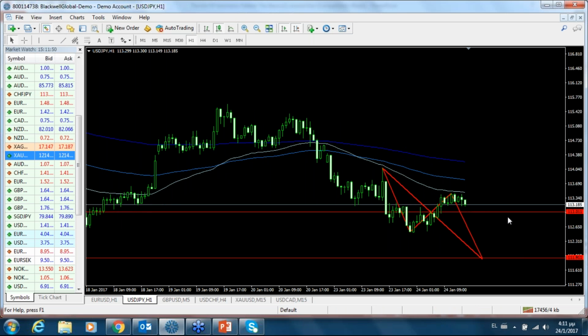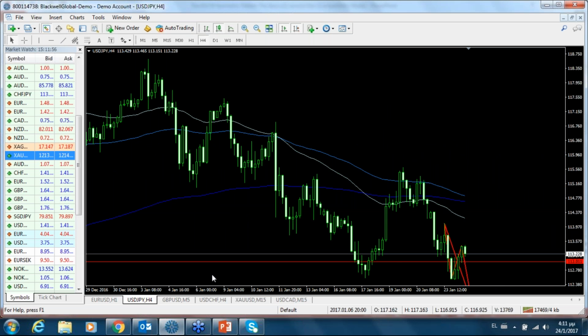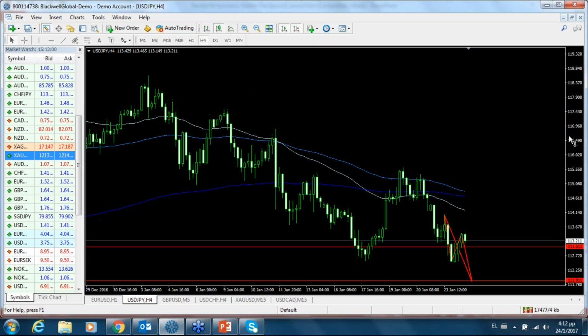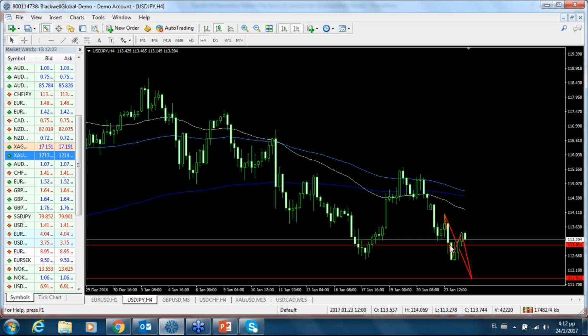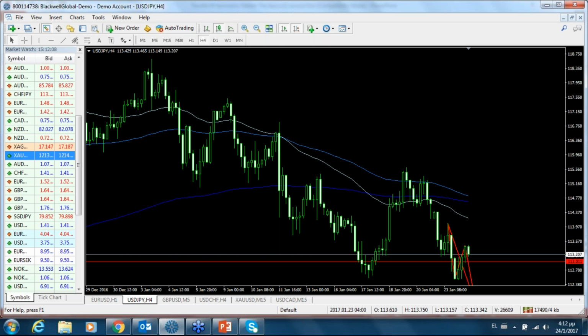Because if you look at this line and you look to the left, you could see you've got some support here. You need to look for some very strong support very close to this line here. You've got strong support here, right? So let's see.